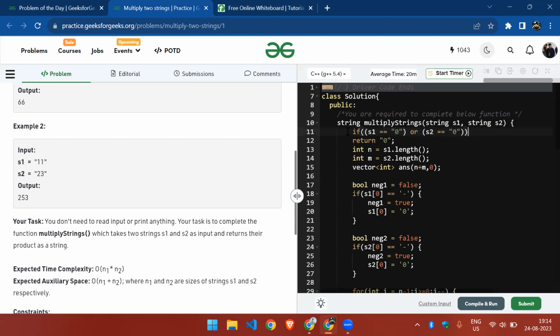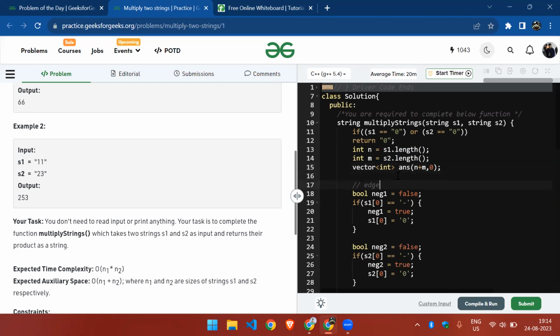So if any of the strings is 0, then we simply return 0, right? Else we calculate the length of both of the strings, and we take an answer vector in order to store the result. Okay. And we have to consider the edge case, right?